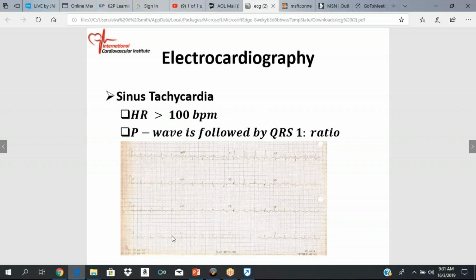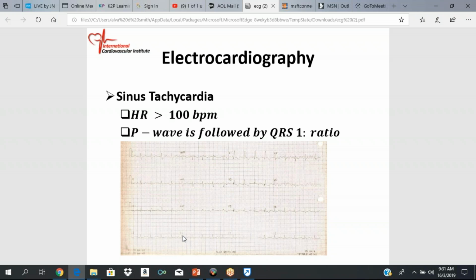The next R wave is 1, 2, call it 3. Actually, it's less than 3. If it's 2.5, then you do the same thing. The heart rate is equal to 300 divided by the number of big blocks. So if it's 2.5, it will be 300 divided by 2.5, and that is going to be a number greater than 100.